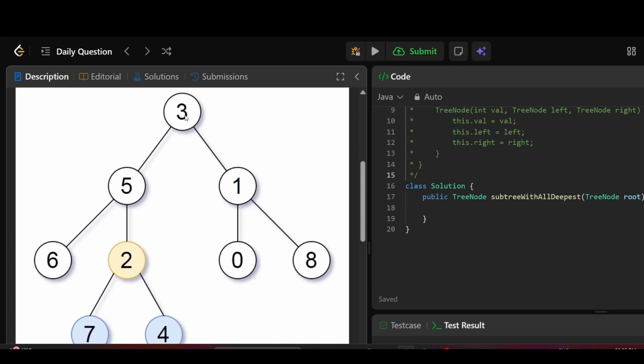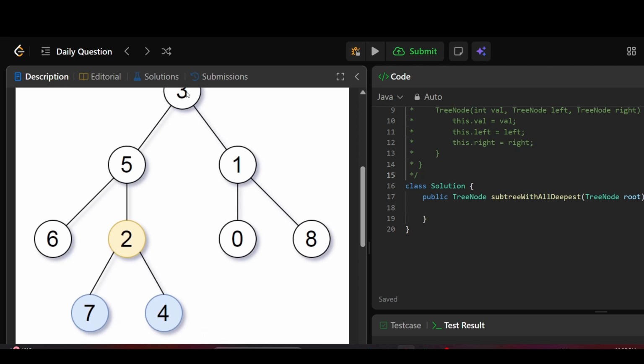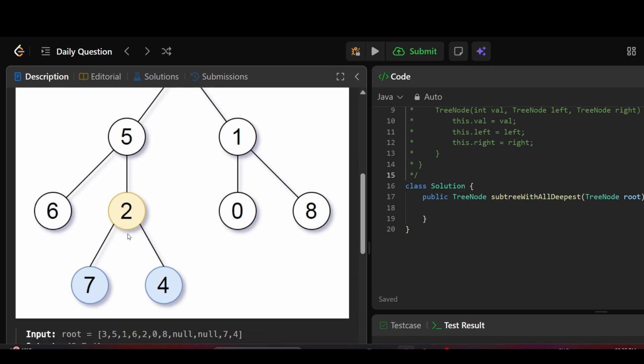Why do we use depth first search? Even though it seems pretty complicated here, coding it up and the intuition to understand the problem is much simpler. What we do is recursively go through all of the nodes from the top, and as we go to the end, we return back the node along with the height of its subtree. If we take node 2, with 7 and 4, how do we know that 2 is our solution?